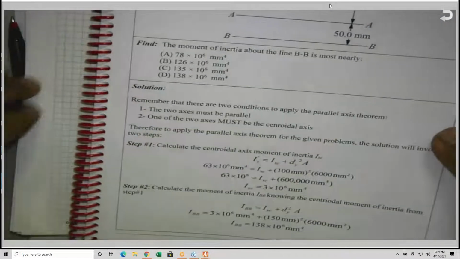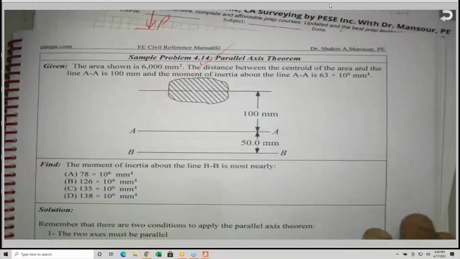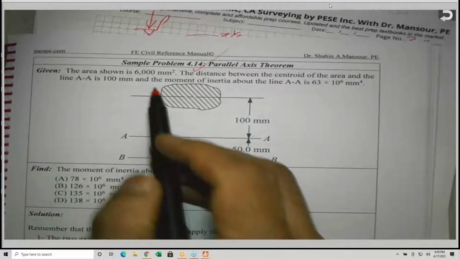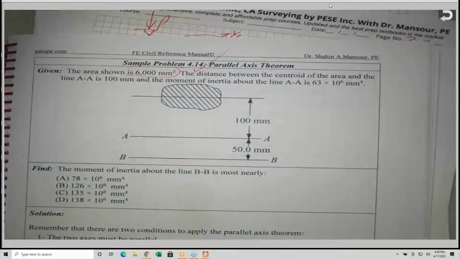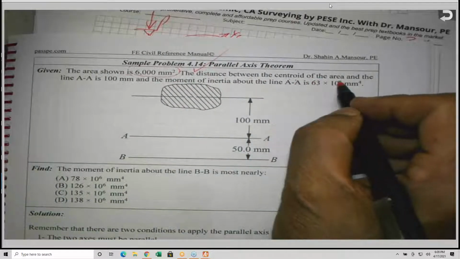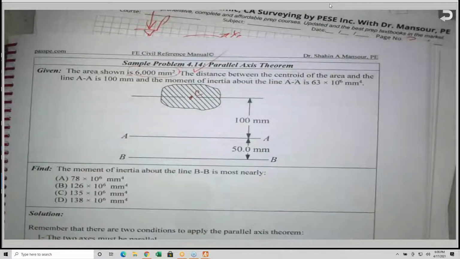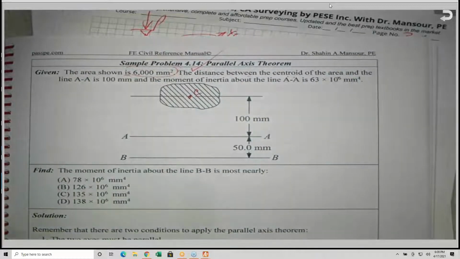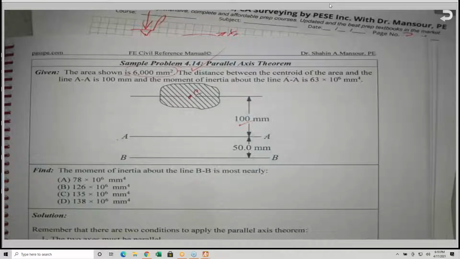This problem was given, by the way, in one of the FE books, an actual exam book. They release them from time to time, so sometimes I pick this problem, problem 14. The area shown is 6,000 millimeters squared. The centroid of the area is here, this is C, and the distance between the centroid and the line AA is given to be 100 millimeters.